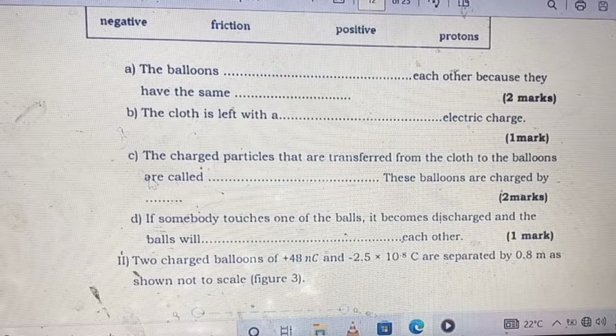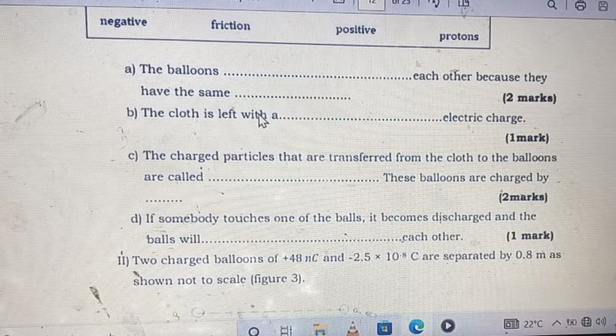A. The balloons dash dash each other because they have the same dash dash. The balloons repel each other because they have the same electric charge.